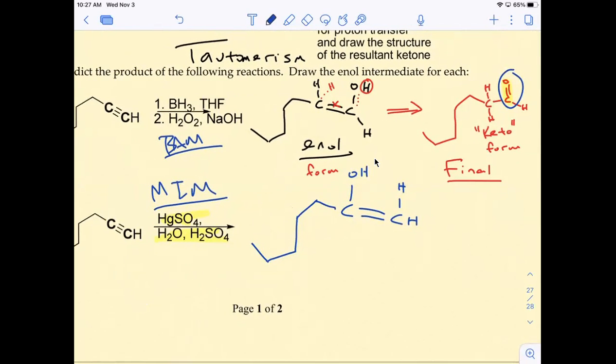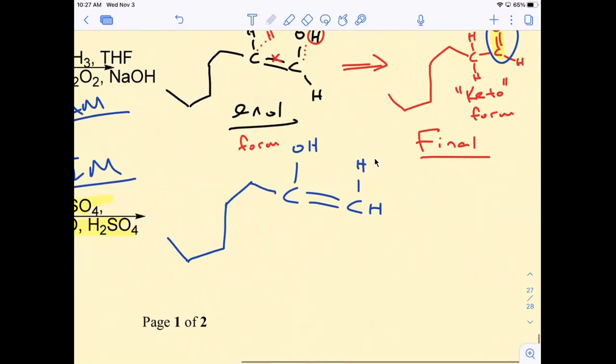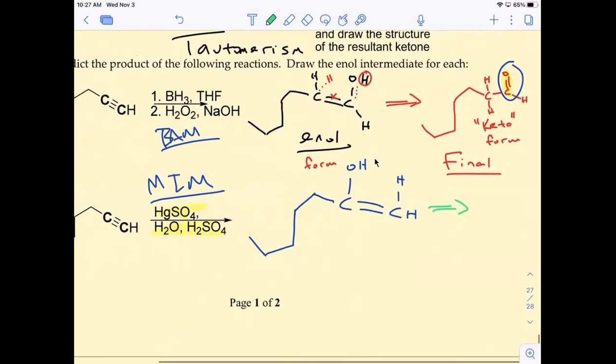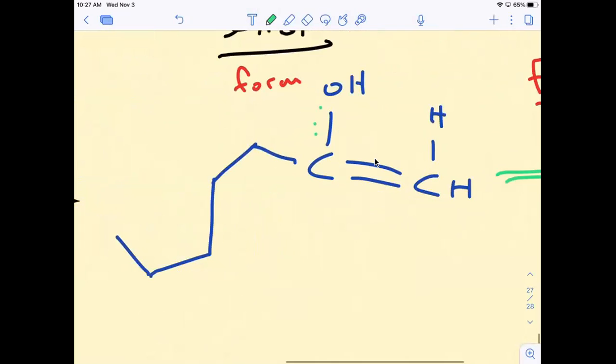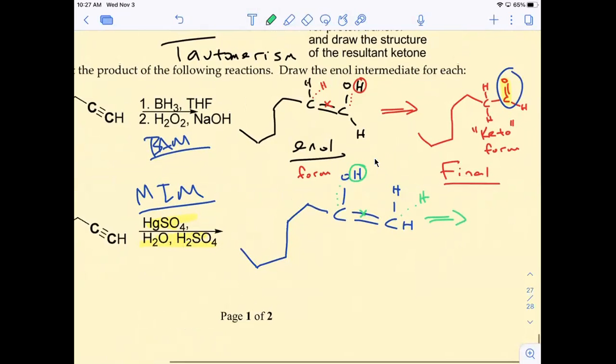All right, so again, when this rearranges, it's going to rearrange to give you a ketone. We're going to put a double bond here, we're going to lose this, and we're going to put another hydrogen here, the hydrogen that's on the OH group.